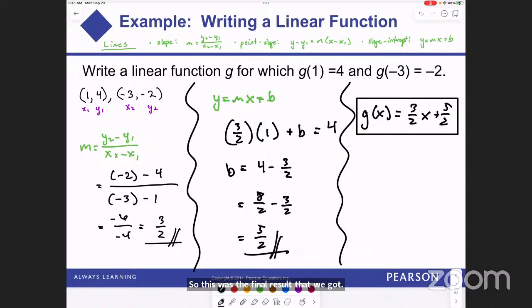And it is a good idea to check, for instance, if we let x be 1, right? 3 over 2 plus 5 over 2 is 8 over 2, which is 4. That checks out. If we let x be a negative 3, that's going to give us negative 9 over 2 plus 5 over 2 is negative 4 over 2, which is negative 2, right? So we confirm that both original ordered pairs work in this linear function.